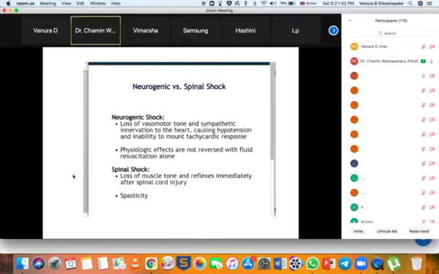If there's an injury at those levels, there will be involvement of the cardiac sympathetic nerves, and it will cause decreased inotropy as well, because the sympathetic nerves are responsible for the contraction of the heart, isn't it?